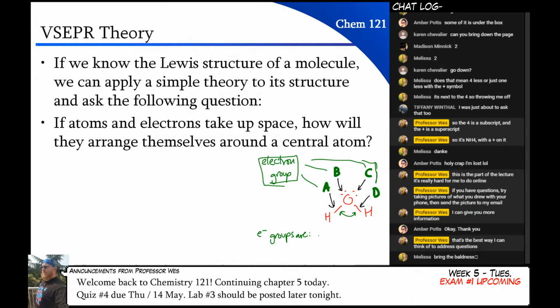That can either be a bond, and that could be any number of bonds. So single, double, or triple. Those are all an electron group, because there would be electrons in that spot. The other thing that electron groups could be would be a non-bonding pair.